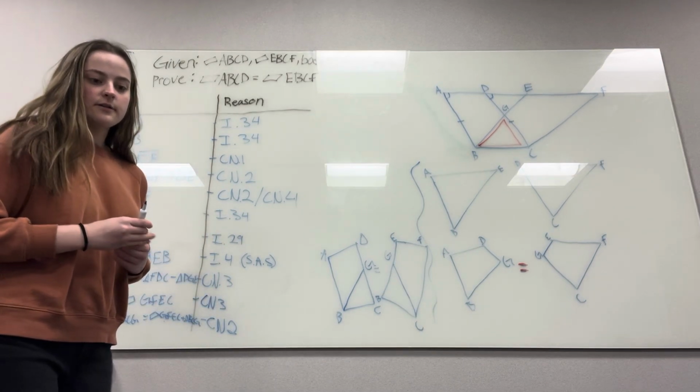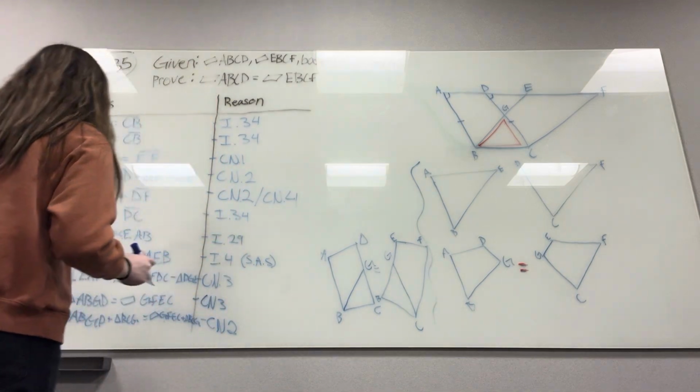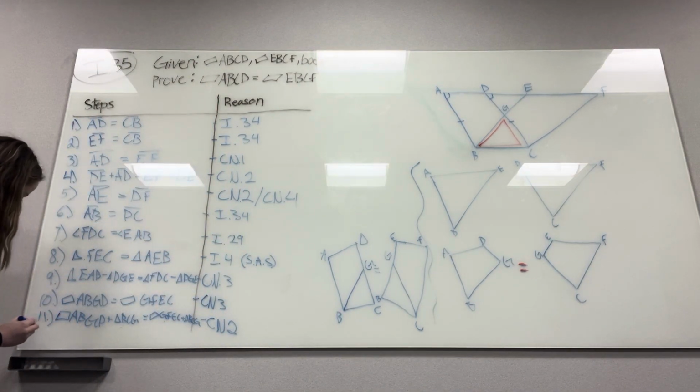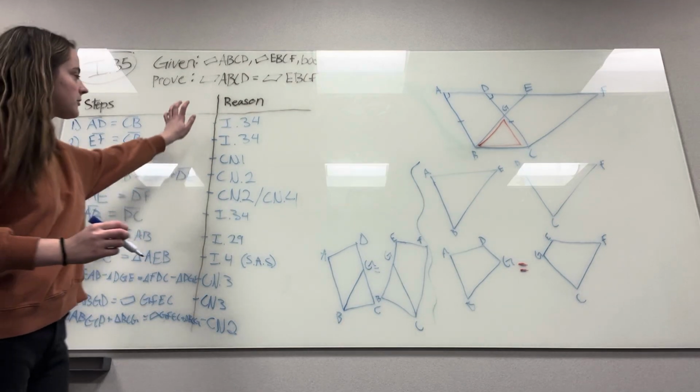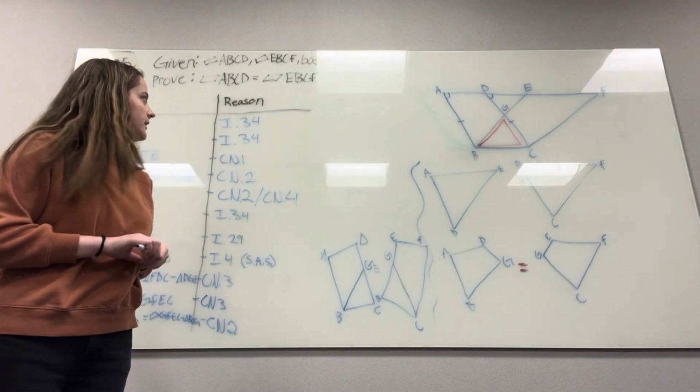So this was our final step that we're doing anything with. And step 12 is our proof. We have ABCD equals EBCF.